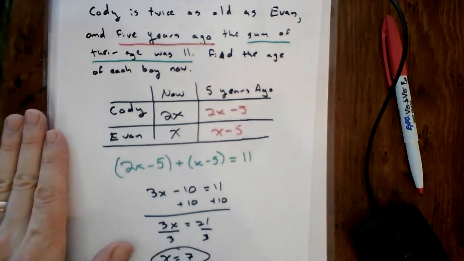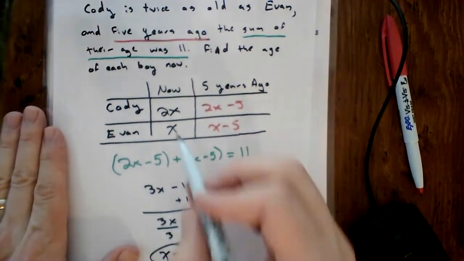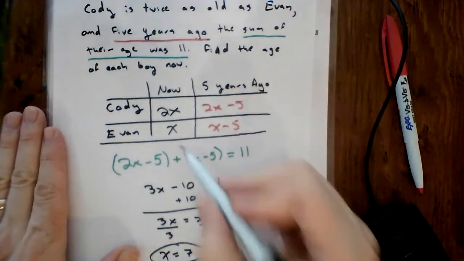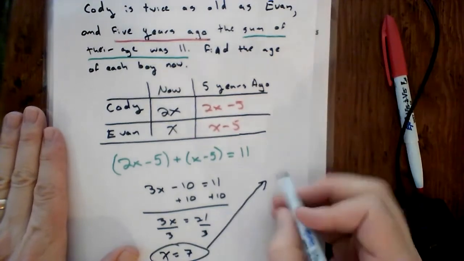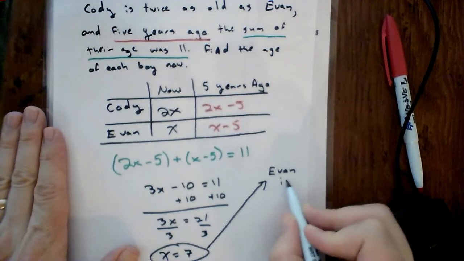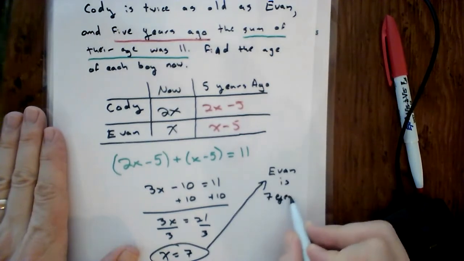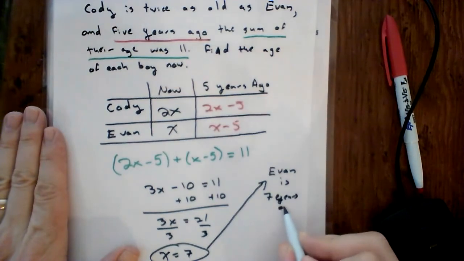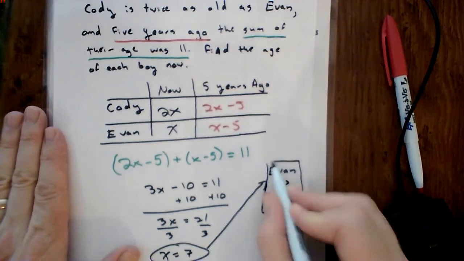Now, I haven't answered my question yet. So because I know that x is equal to 7, I can now say, oh, Evan is 7. Evan is 7 years old. So there is my first answer.